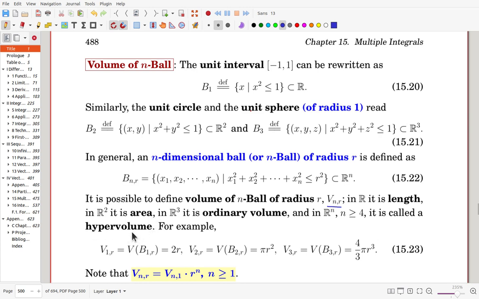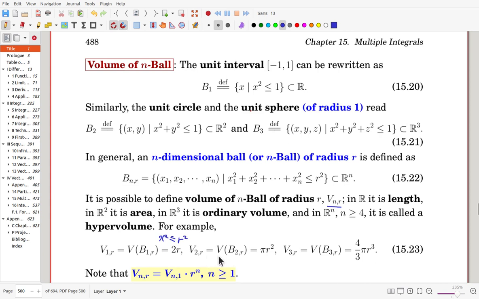For example, the volume of the one-ball of radius r: x squared is bounded by r squared, so the interval is minus r to r, and the length is 2r.